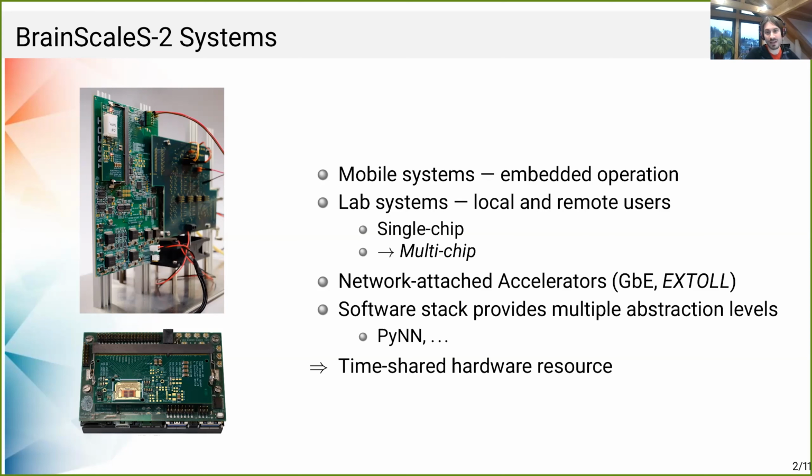And in the Frankenstein system, there will also be an extoll-based communication mode. The software stack provides multiple abstraction layers. I have a short slide later, but here it's about time. And obviously this is a time-shared hardware resource, because there might be many users and they want to share the same resource.